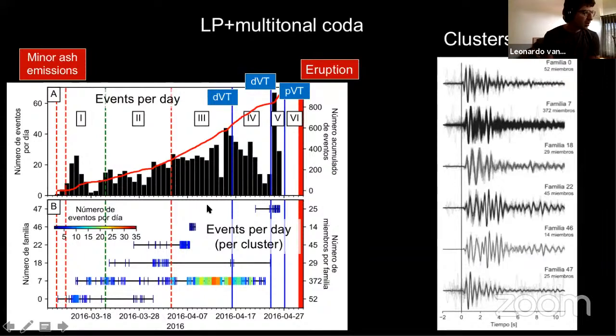There are some interesting things in here, like I also plot some minor ash emissions in red. Then the volcano tectonic swarm events are here in blue. These two are distal events, and this in here is a proximal VT swarm, and the eruption began in this red bar here.